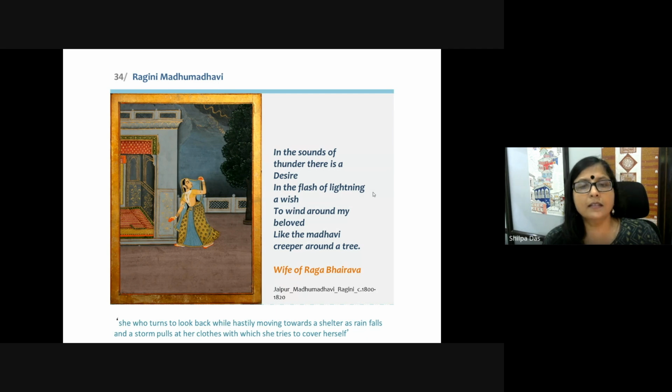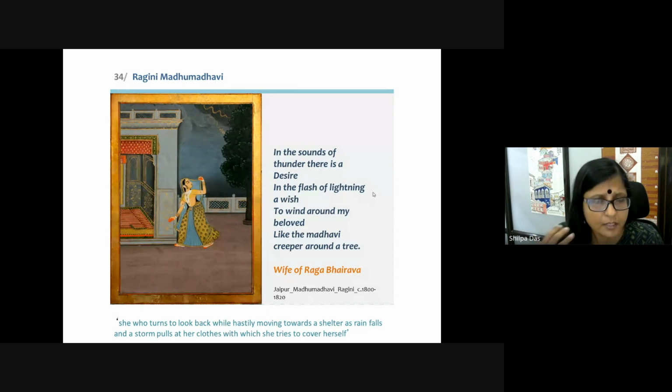And under this dark, cloud laden sky, lit by flashes of lightning, we see a young woman, again, possibly aristocratic because she's moving towards an aristocratic haveli or an interior, a chamber, which is very ornately decorated. And so, this young woman, she's sheltering herself with her sari from possibly the dust or the wind or whatever.